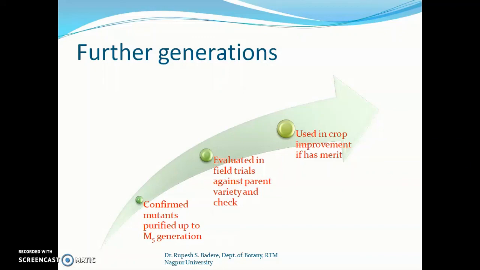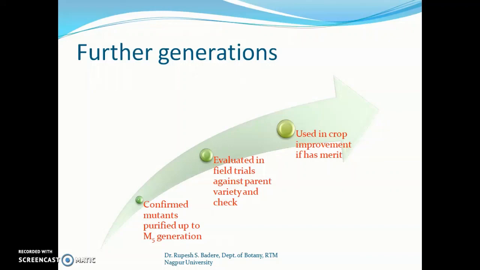So M3 generation gives you the confirmed mutants, which are sown in the M4 generation, again plant to row basis, selection done, selfed, again harvested, and in this way in 2 to 3 generations the mutants are purified.